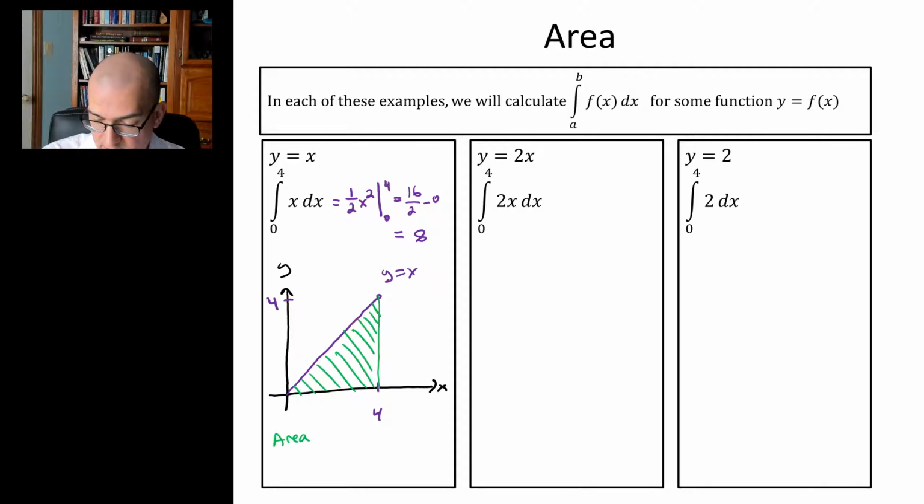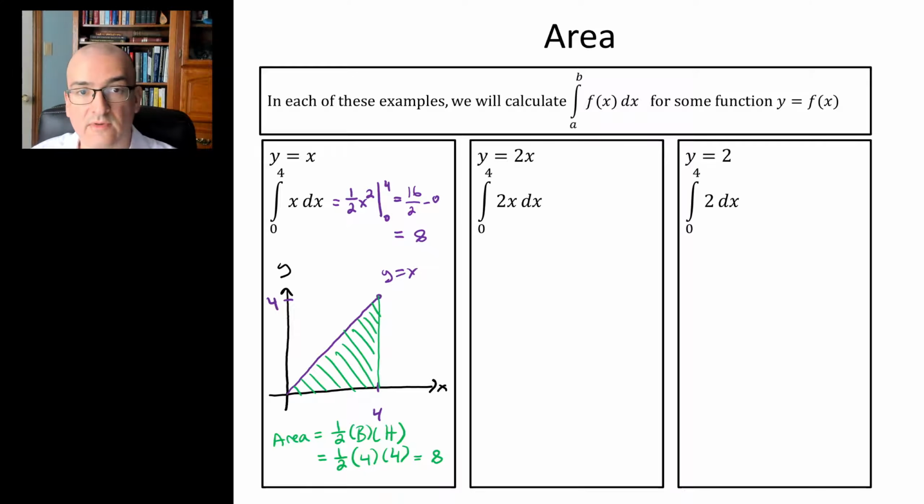So area is 1/2 base times height, area of a triangle. The area, so 1/2 times the base times the height, 1/2, 4 times 4, which is also 8. So it worked out.